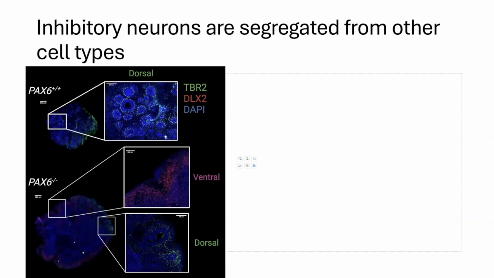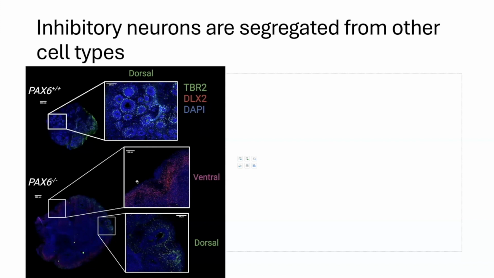So here we did staining for the excitatory neurons and the inhibitory neurons. The excitatory neurons are colored in green here, and the inhibitory neurons are colored in red. So these are the markers. If you look at just the control organoids, we do not see these inhibitory neuron markers coming up. So there's not that many of these inhibitory neurons. We only see clusters of excitatory neurons being born.